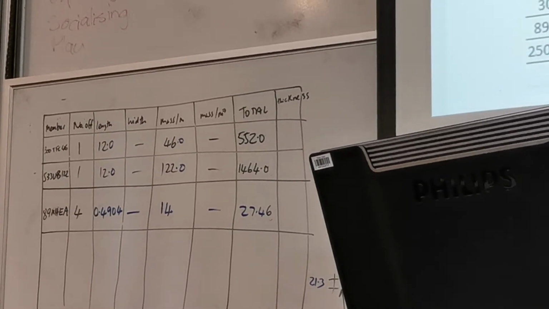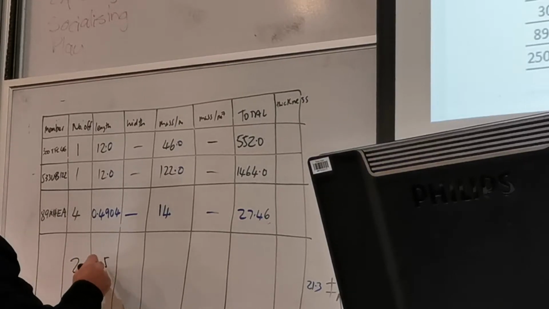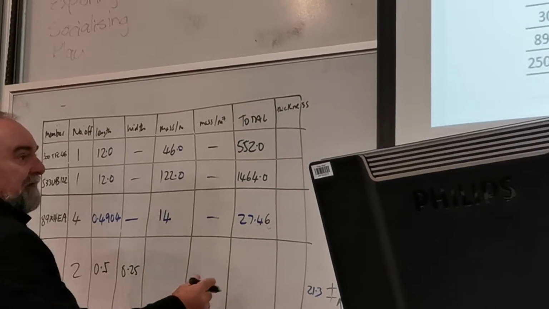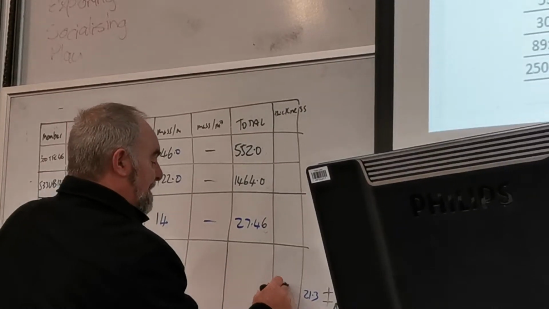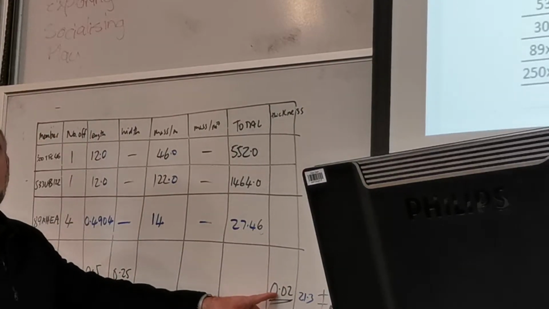That's going to be equal to 2 by 0.5 by 0.25. And over here, another mistake easy to make is forgetting the 0 there.